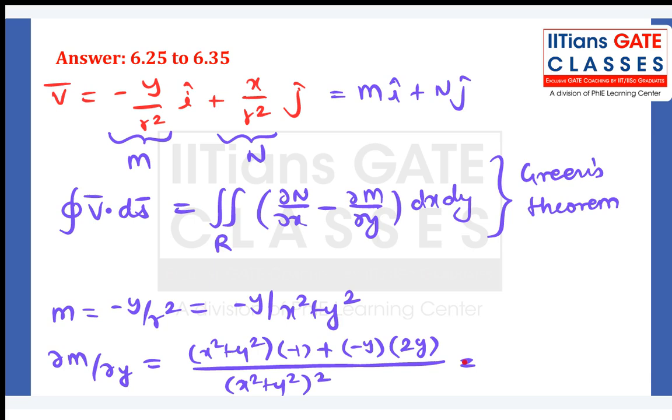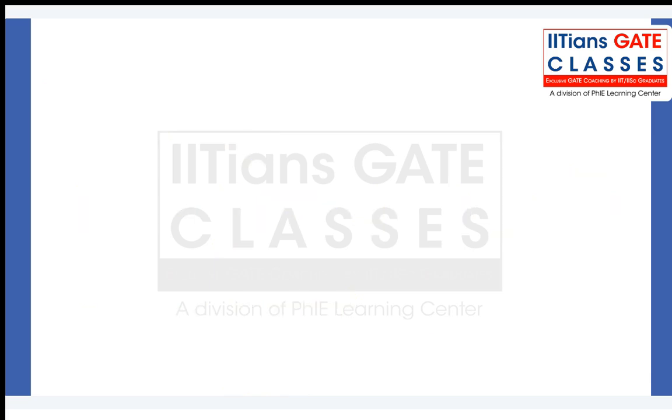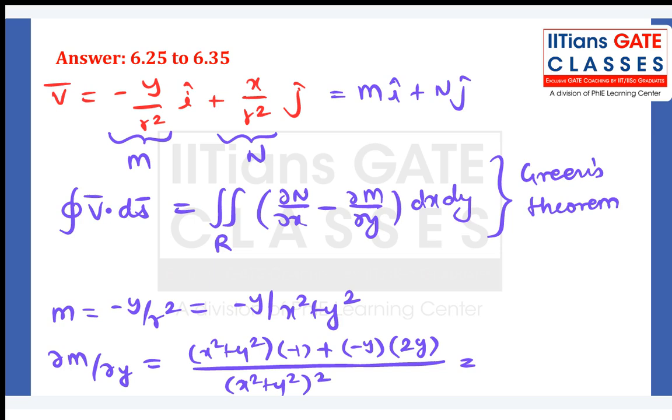Okay, so you'll get something. I mean, the point is I don't want to do the whole thing. So you can get some answers like this and then do the integration, or just for the sake of completion, this will be minus x square minus 3y square divided by x square plus y square whole square.